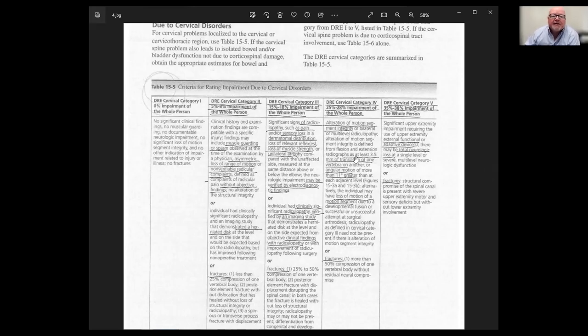Well, we know it fits either here in category 2 or there's potential for category 4. Category 4 is LMSI when it lists the millimeters of translation with flexion extension. Doesn't say anything about left or right lateral flexion. Okay. And here it has muscle guarding, asymmetric range of motion. So we're fine there.